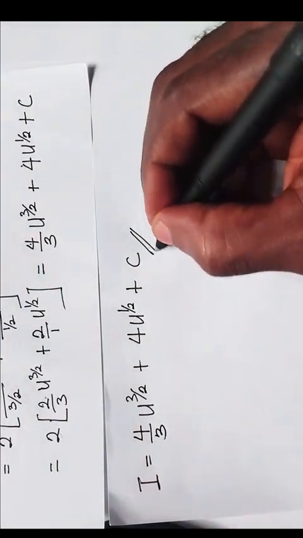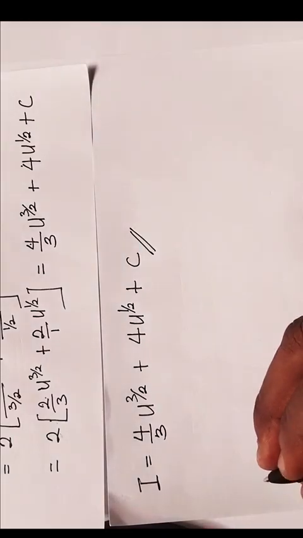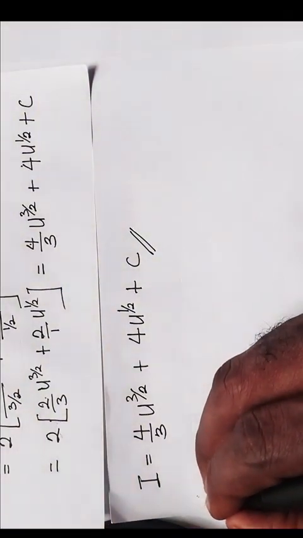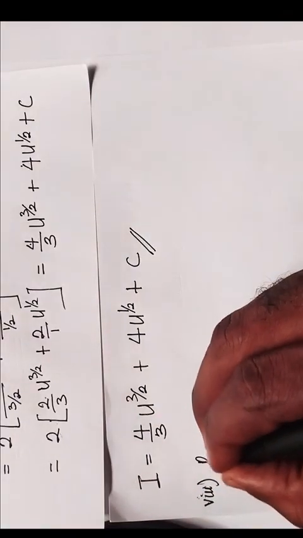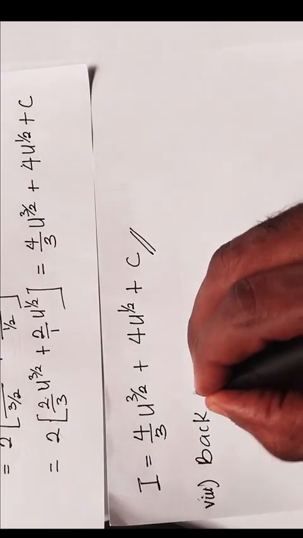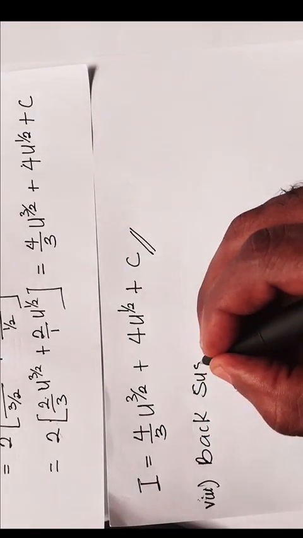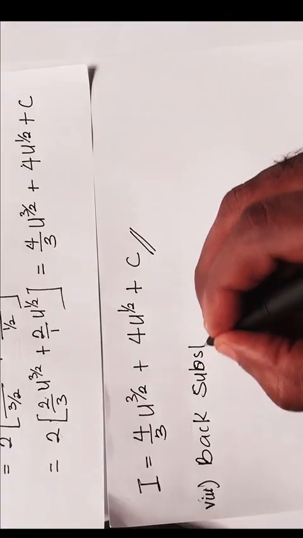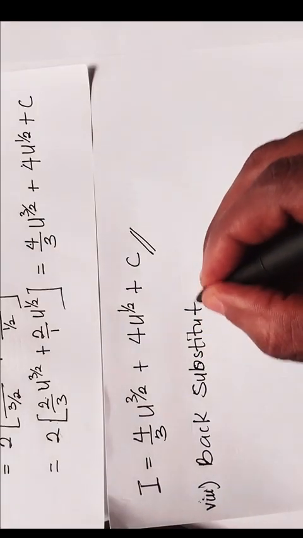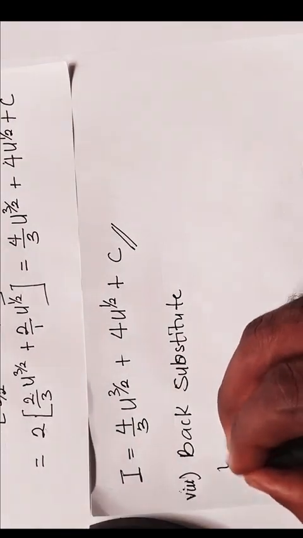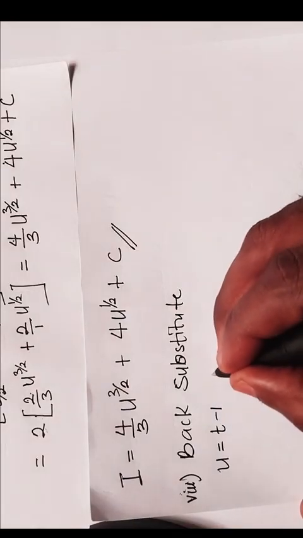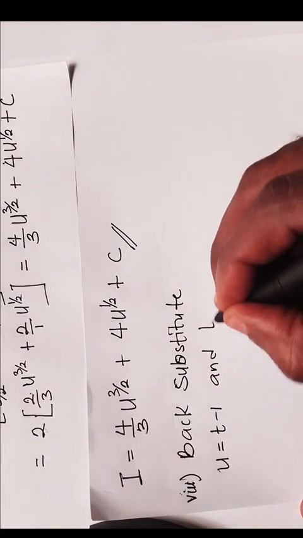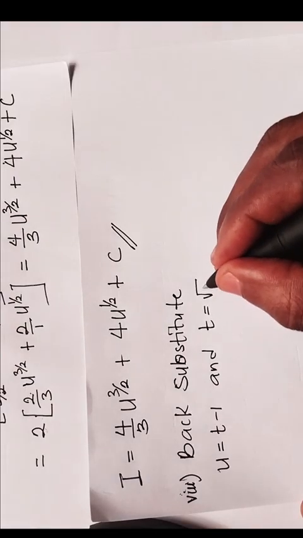So this becomes our answer for the given question. Now, we go to the 8th item, 8. So we say back to our substitution. So we say u is equal to t minus 1 and t is equal to square root of x.